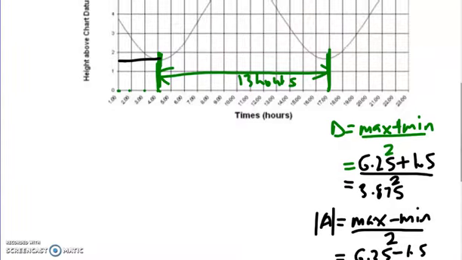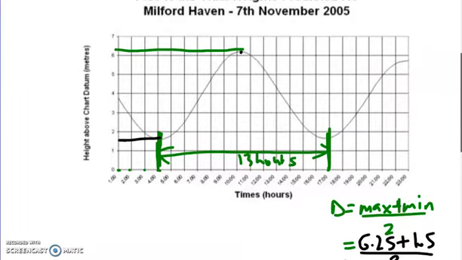Okay, let's plug all that into the calculator. So 6.25 minus 1.5 divided by 2, and that is 2.375. Okay, so 2.375 is my amplitude, and my D value of my vertical shift is 3.875.